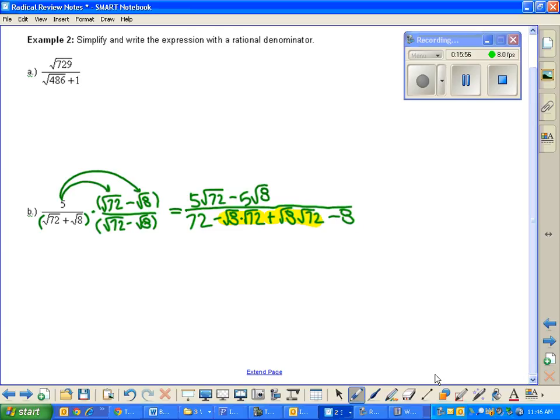They are opposites. Negative and positive of the same thing, that's just 0. And that should happen anytime you use the conjugate, just so you know. If you're doing it correctly, the inners and outers should cancel when you FOIL. So we are left with 5 square roots of 72 minus 5 square roots of 8 all over 72 minus 8. That's 64.